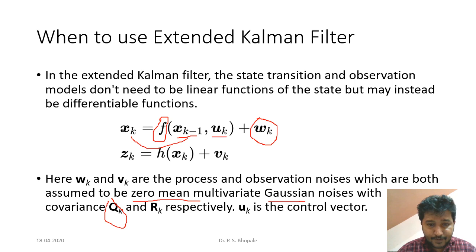And the measurement function h is a function of the current state xk, which gives us a measurement zk, and the measurement noise vk is added at time instant k, which again has zero mean and Gaussian distribution with Rk as covariance. And yes, uk is a control input.